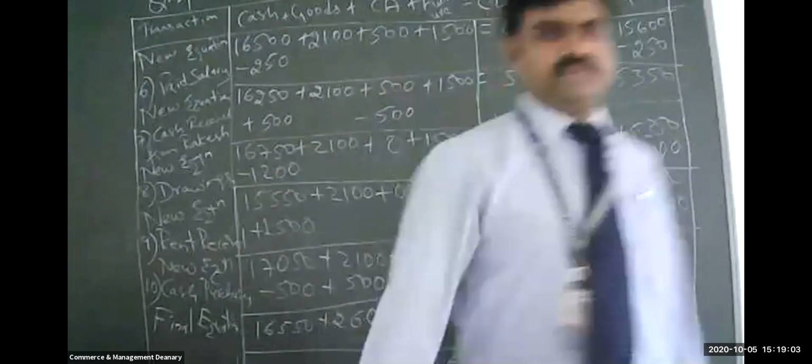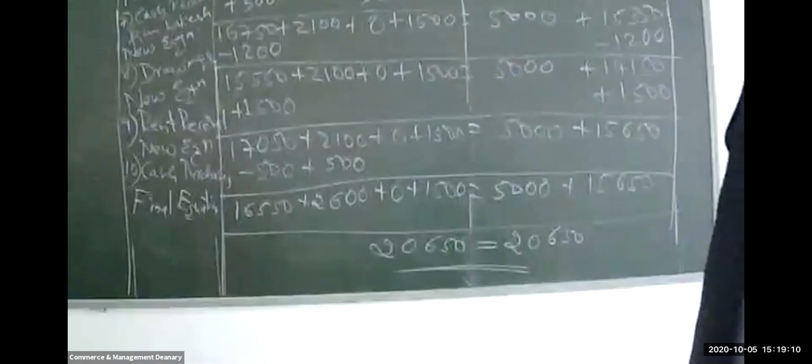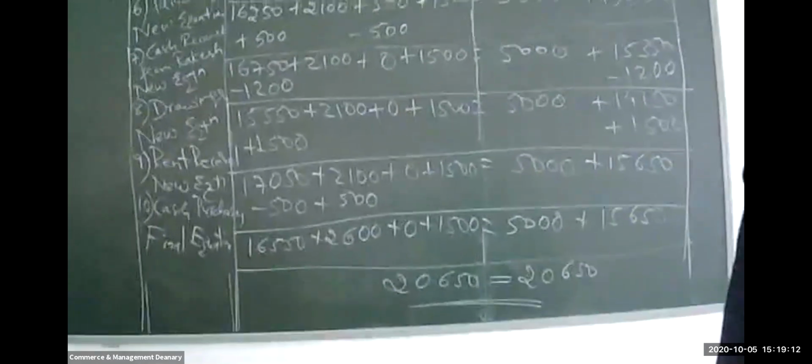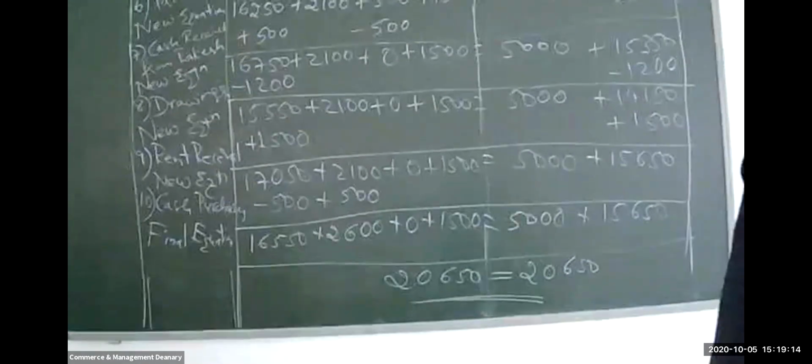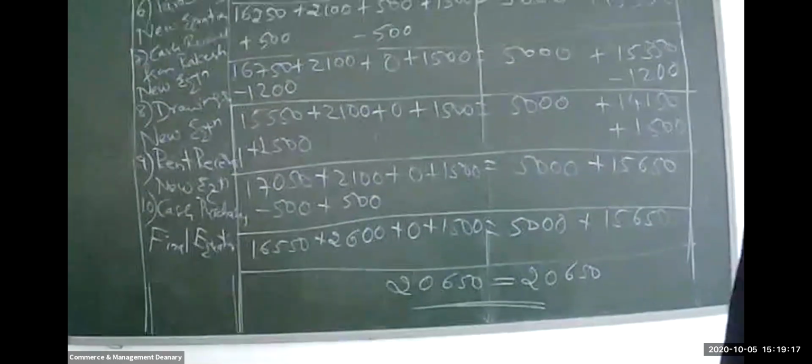So your accounting equation is proved, because both sides are 20,650. All of you write down like this. This is the end of your answer.